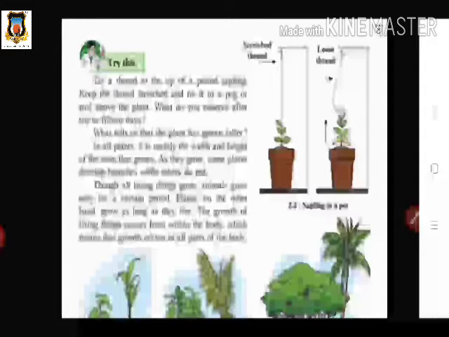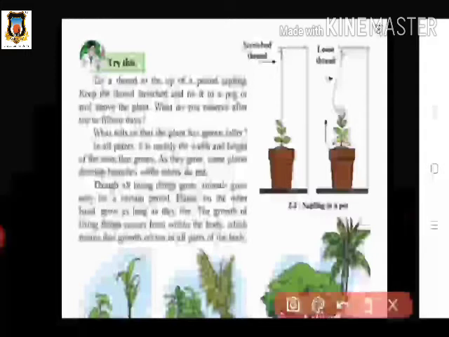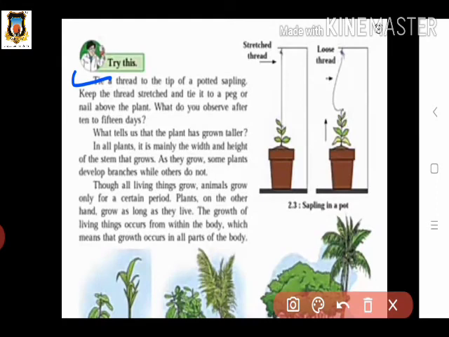For this we see the activity, which is called tie a thread. I read this activity: tie a thread to the tip of a potted sapling. Potted simply means a small crop planted in a pot. Take a small thread, tie it to the sapling and keep the thread stretched.